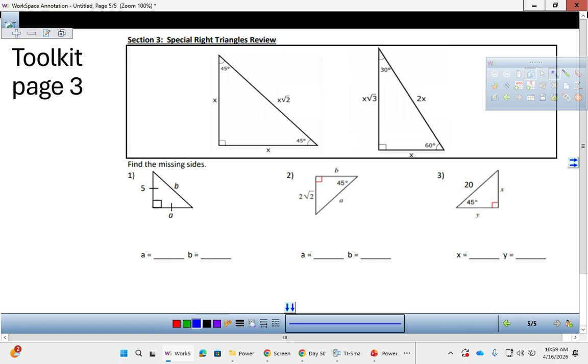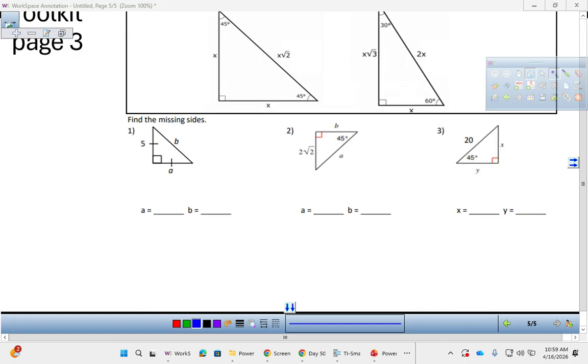So in our example here, across from the 90-degree angle is the x root 2 side. Right? So across from the 90-degree angle is your x root 2. And then the other two sides are your x. Right? So x root 2 is across from the 90-degree angle.